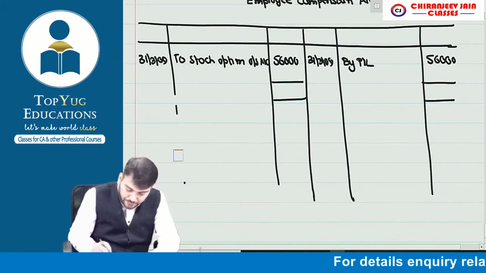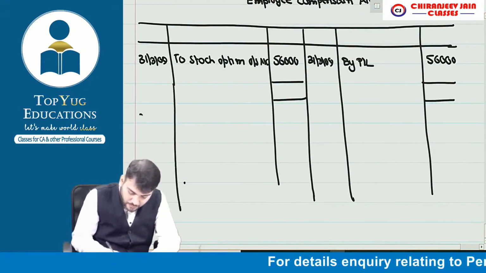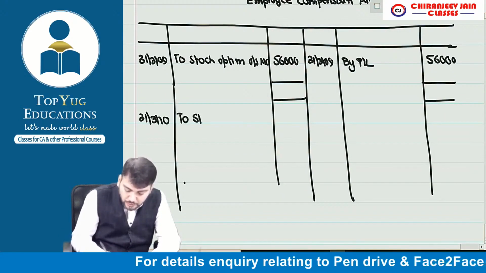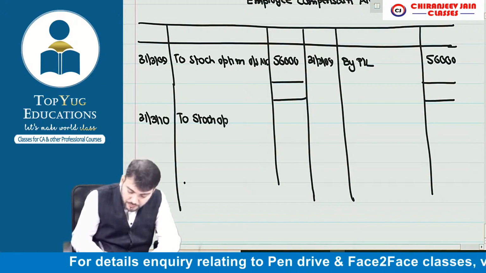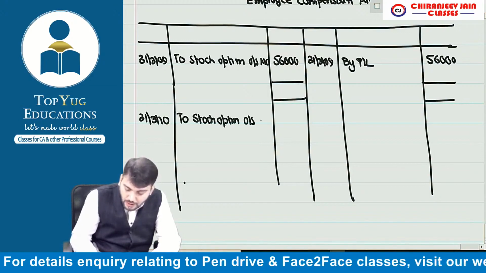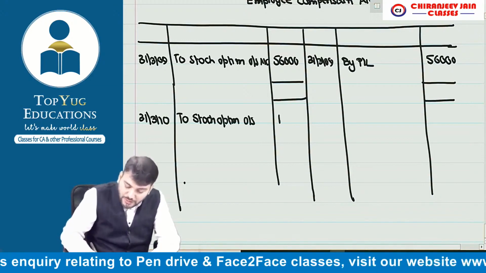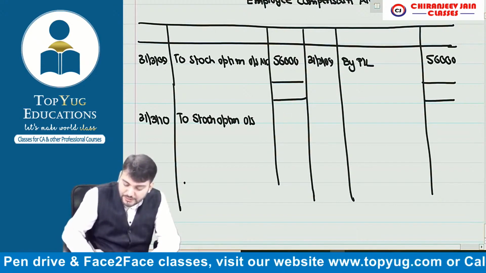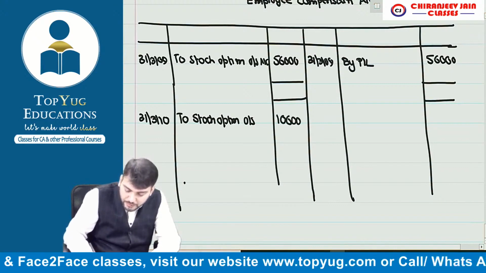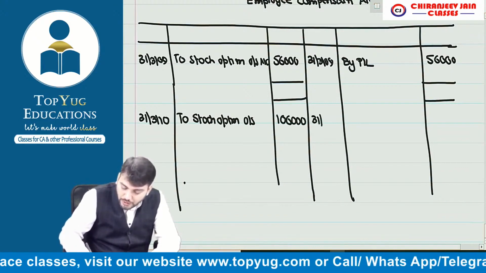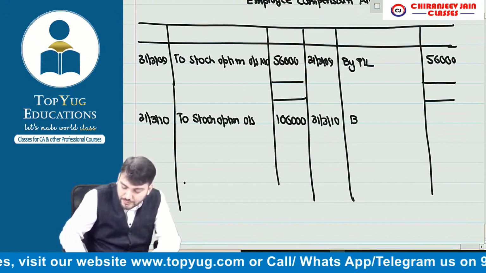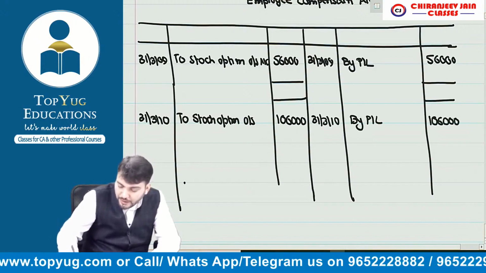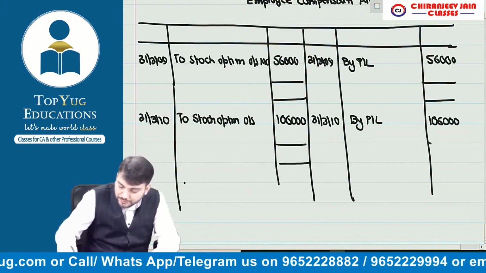Then next year, 31st March 2010, to stock option outstanding account. How much? 1,06,000. Expense is 1,06,000. So on 31st March 2010, we write down by PL 1,06,000. This is also done.